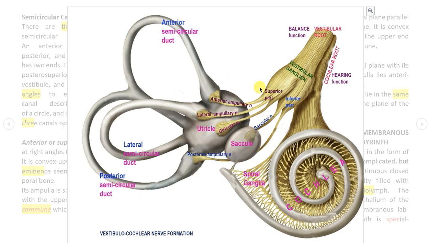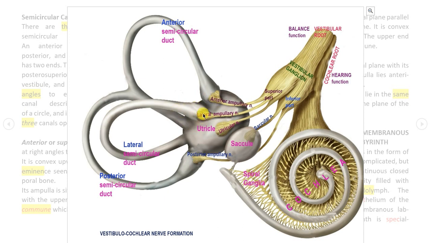This is our vestibule. It contains the utricle and saccule, and our semicircular canal inside contains the semicircular ducts, anterior, posterior and lateral semicircular duct. This is the ampulla. It contains the crista ampullaris inside, and the nerve is the anterior ampullary nerve.